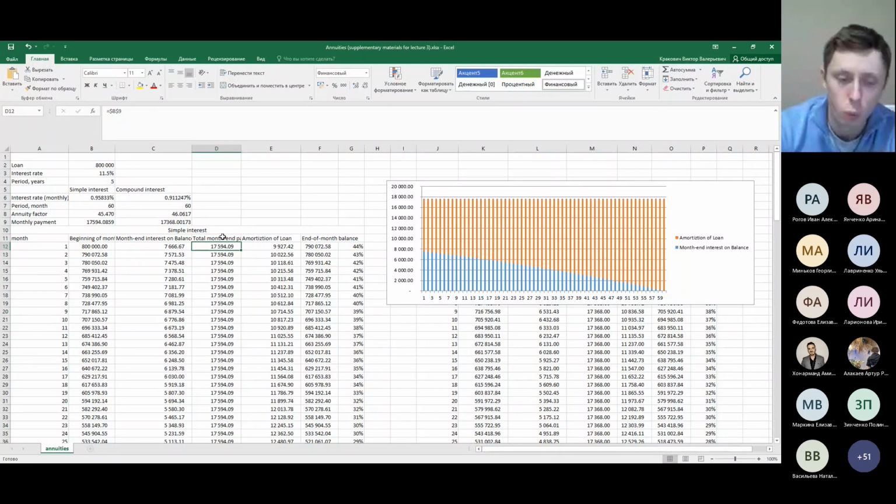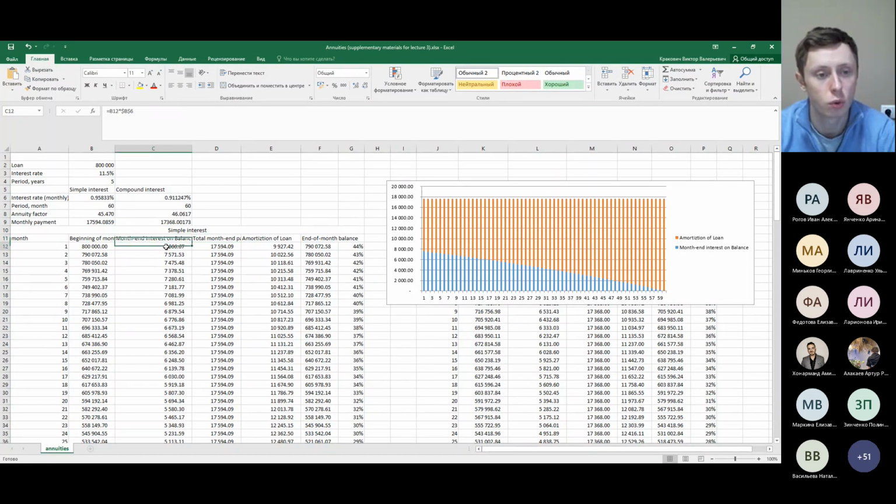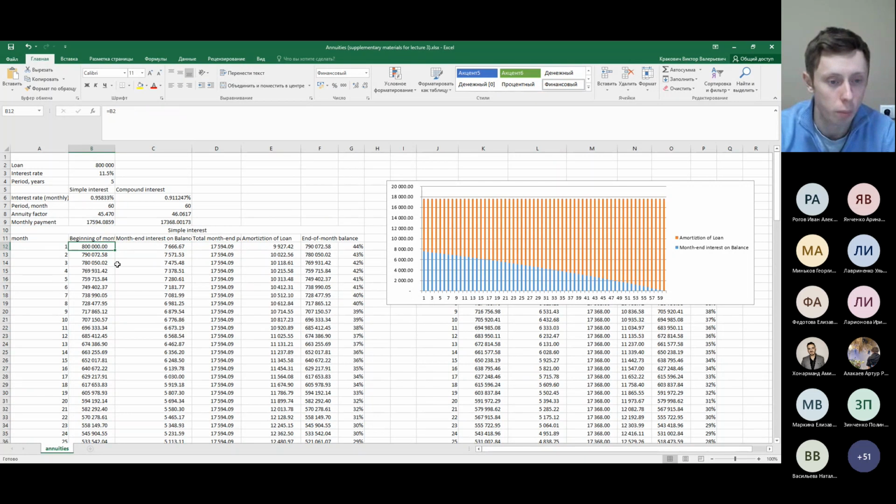Paying that, our payment goes to two parts. One part is the money we pay for using the loan, the money that we pay to cover the interest. How to estimate it? We multiply the residual amount of money that we have by the relevant interest rate.